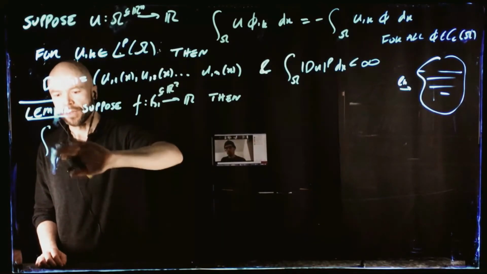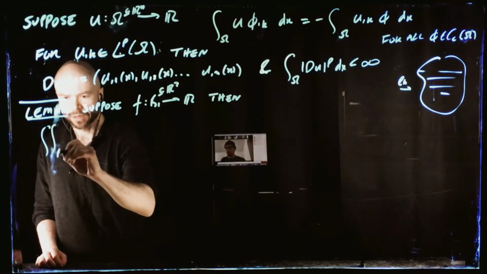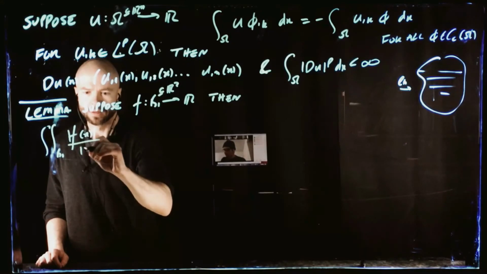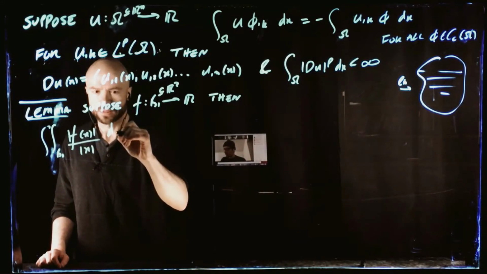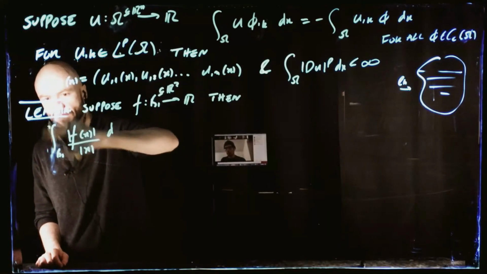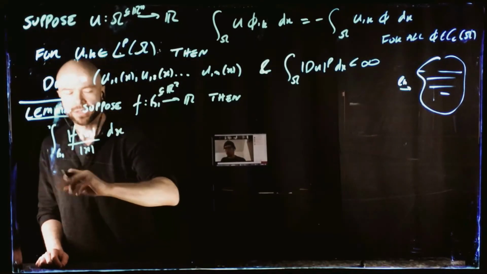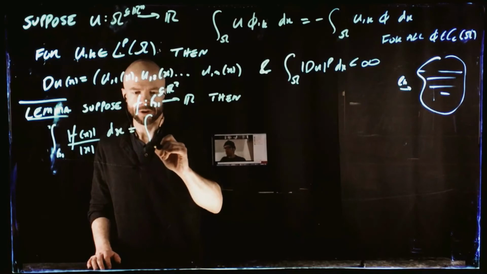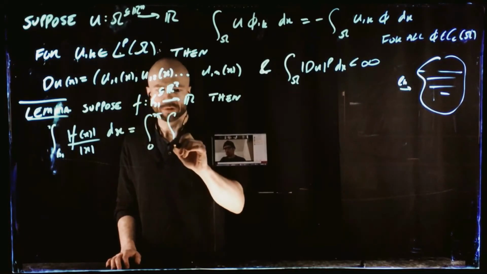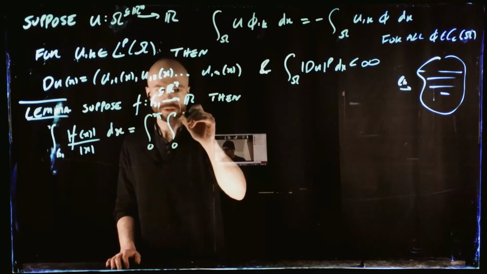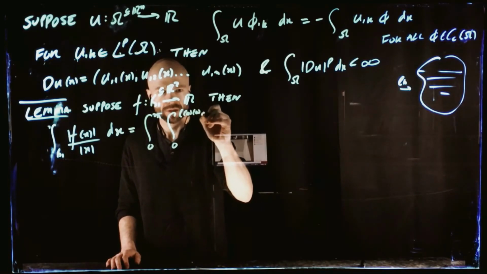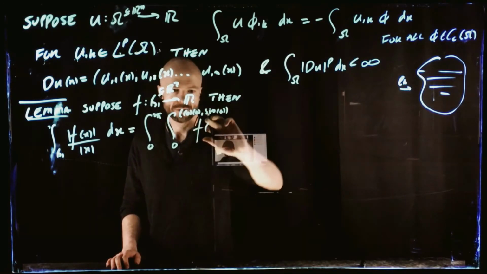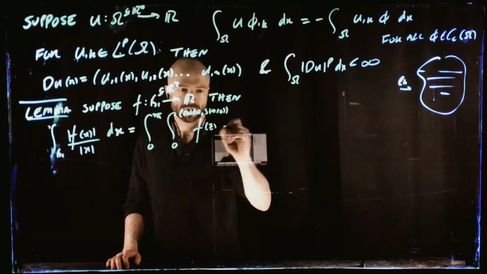So the integral of f(x) over the absolute value of x, dx, meaning the integral over all of R^2, is equal to the integral from 0 to 2π, integral from 0 to the radius, of f at (cos θ, sin θ) times z, dH^1(z).